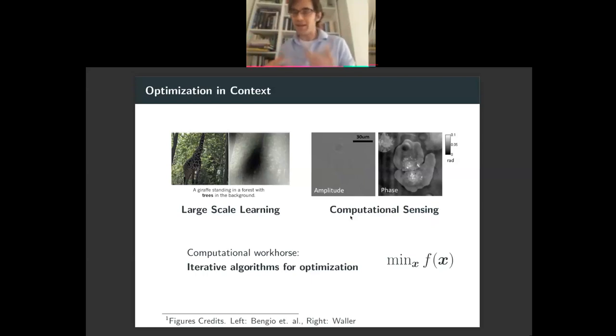In the context of sensing, it's very simple. We care that we reconstruct the correct picture. If I'm going to try to figure out what's going on inside my body for medical diagnosis, I really want the image that I reconstruct to be the right one. So we care about optimization, and we care about optimization as a device for getting correct answers.